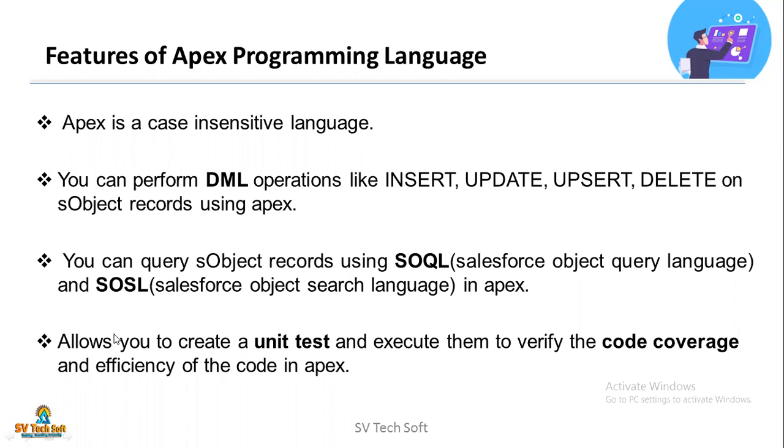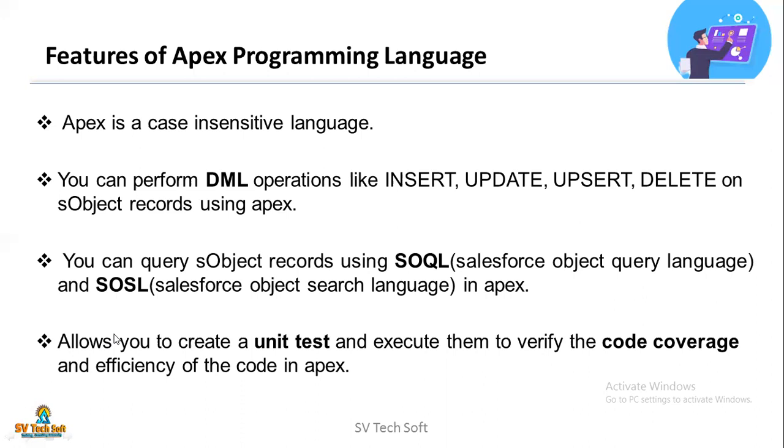Salesforce strictly requires maintaining 75% code coverage to move your components between environments. For that, you have to write test classes. By using these test classes, you verify your Apex class efficiency.